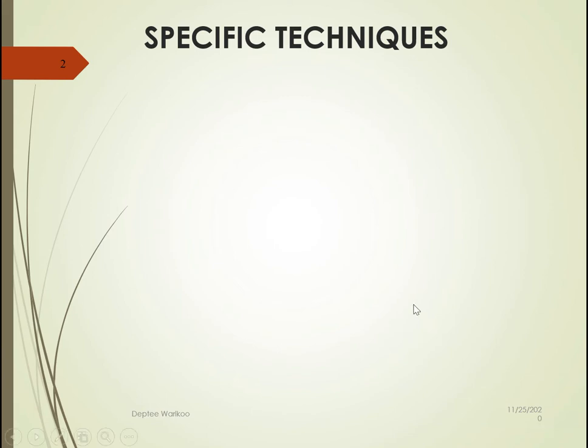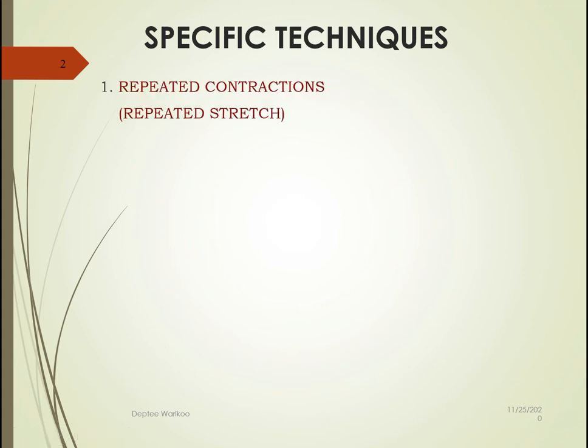So the first technique we will be discussing is repeated contractions or repeated stretches. Repeated contractions are dynamic contractions initiated with repeated quick stretches followed by resistance, and these resistances are applied at any point in the range of motion, mainly to strengthen a weak agonist component in a diagonal pattern.